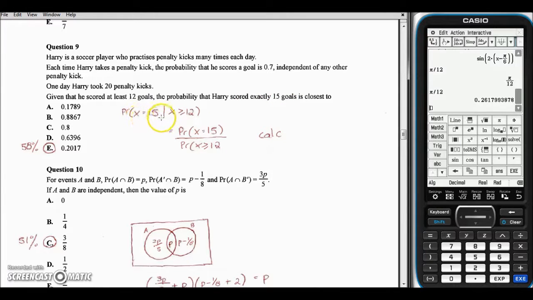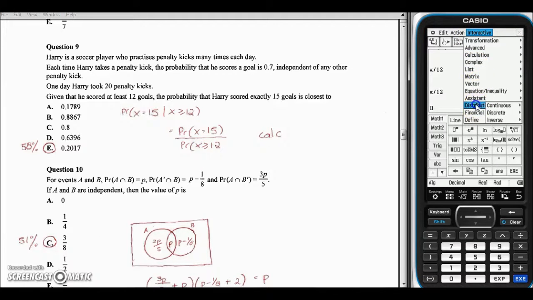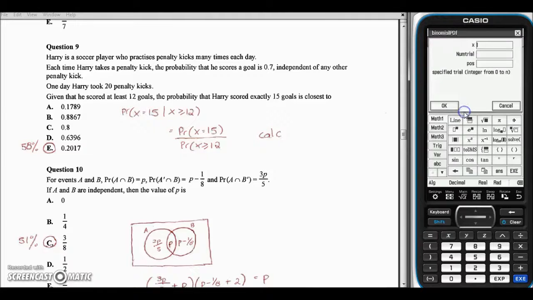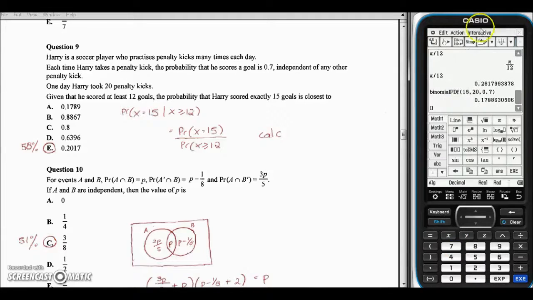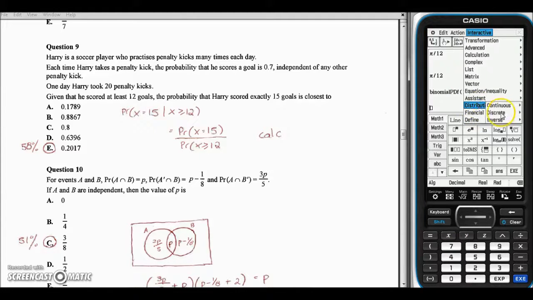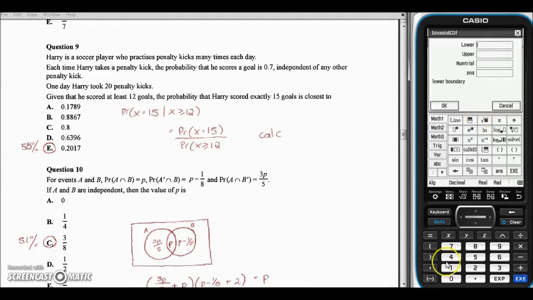So we want exactly 15 given that he scored at least 12, which is going to be the probability that he got exactly 15 divided by the probability that he got at least 12. If we work those two things out using the calculator, we'll have a binomial PDF for exactly 15, so 15 out of 20 with a probability of success of 0.7, and we can use a binomial CDF from 12 to 20, number of trials 20, and a probability of success of 0.7.